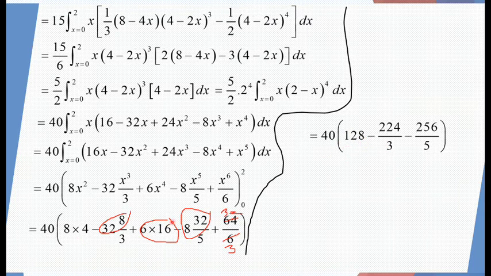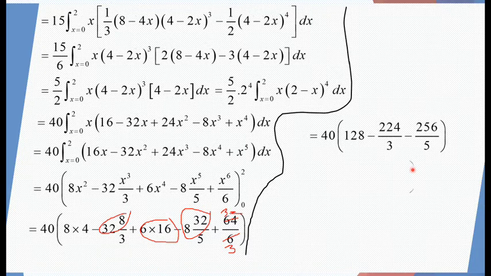So right here 32 eights are 256. So minus 256 and plus 32. So it is minus 224, and 32 eights are 256.